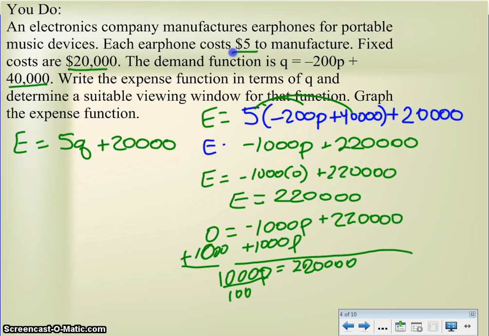Divide both sides by the 1,000, which is really just eliminating 3 of the zeros, and I get 220. So now I've got my x and my y.